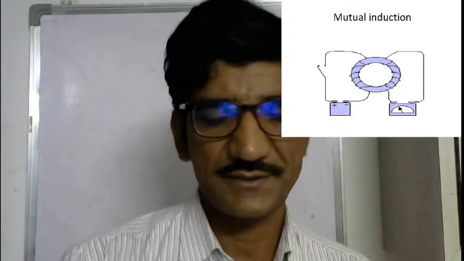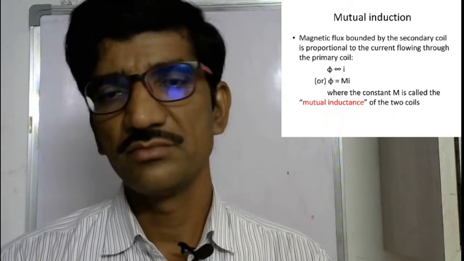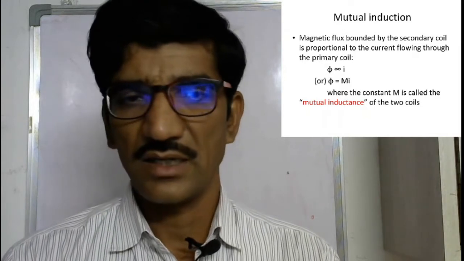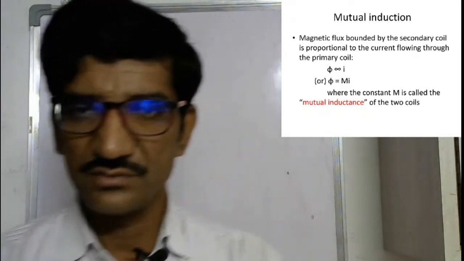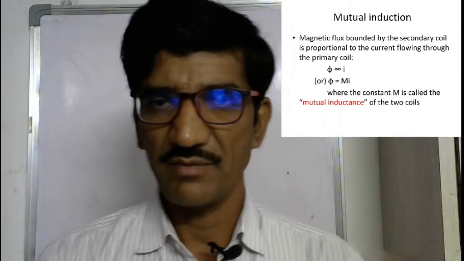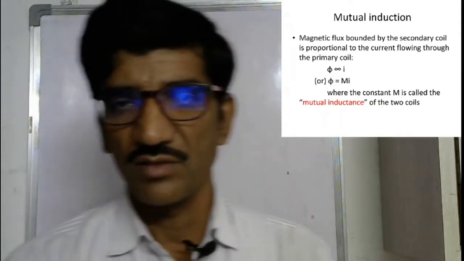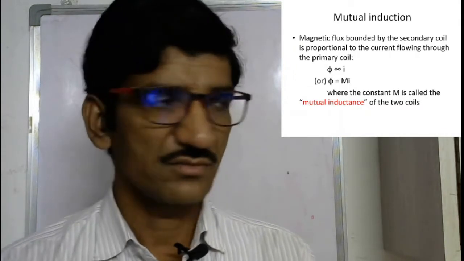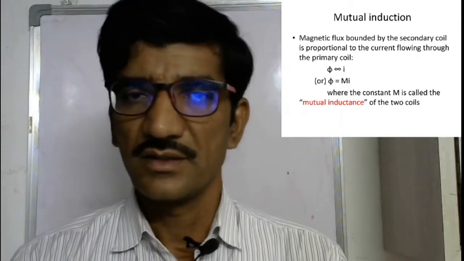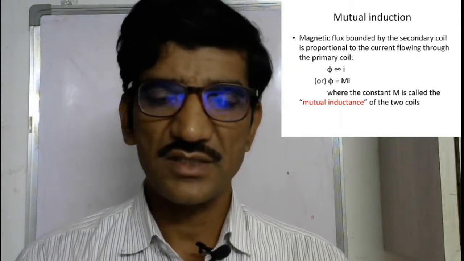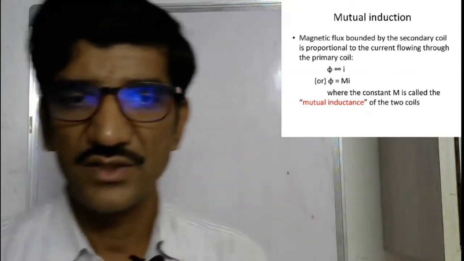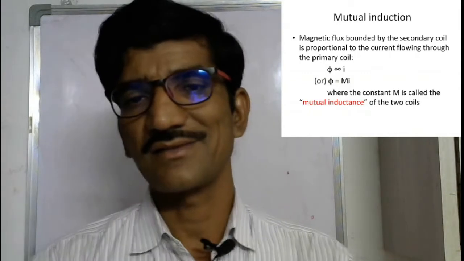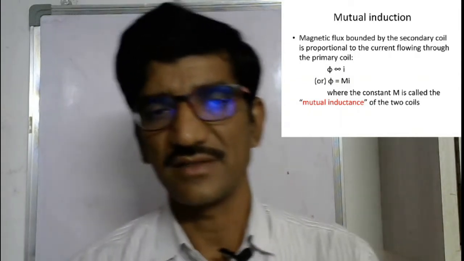Now, let us try to discuss mutual induction in a more detailed manner. Here the discussion is very similar to that of self-induction. There we define inductance; here we define mutual inductance in the case of two coils.